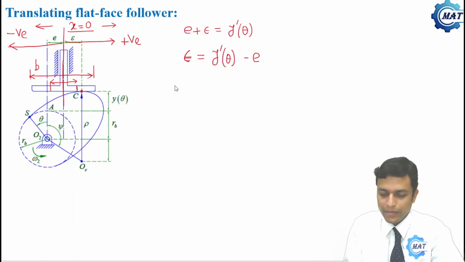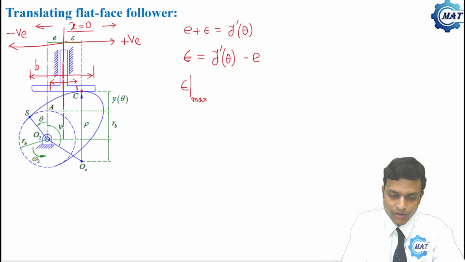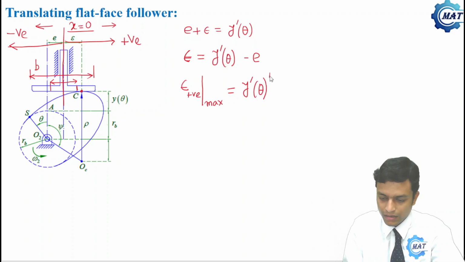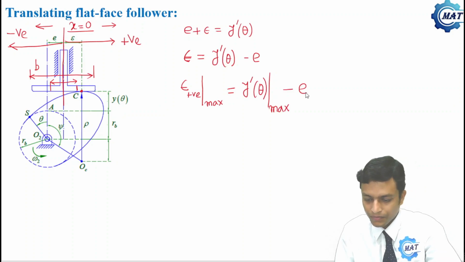When will epsilon be maximum in right hand direction? Epsilon positive, that is in right hand direction, maximum is y prime theta max minus E.